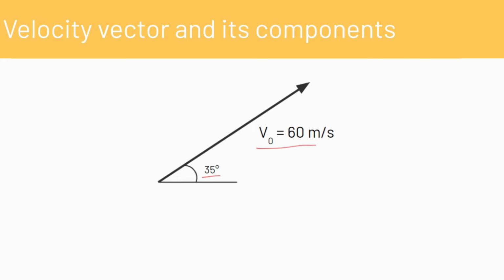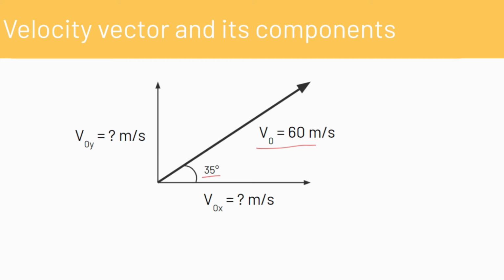So let's look at this vector broken up into its y velocity component and its x velocity component. So right now we have a velocity vector of 60 meters per second, and this is an initial velocity, and we want to know what is the vertical velocity component and what is the horizontal velocity component.